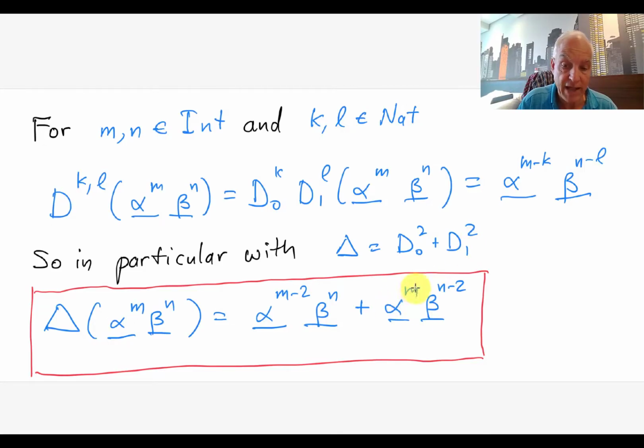It leaves the alpha to the m underscore where it is and sends beta to the n underscore to beta to the n minus 2 underscore. So the action of the Laplacian on the bi-polynomials in this basis is particularly pleasant, because somehow the factorials that are floating around take care of the various exponents that are dropping down when you take repeated differentiations.